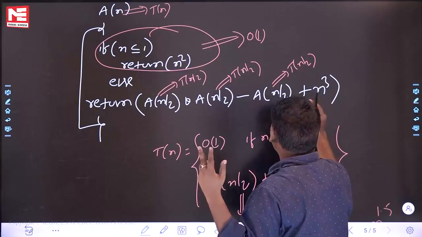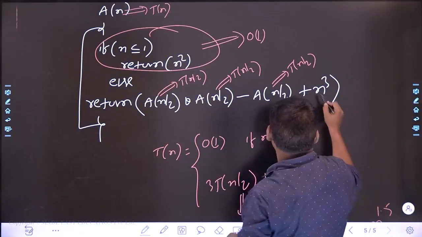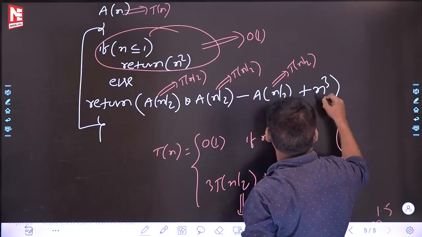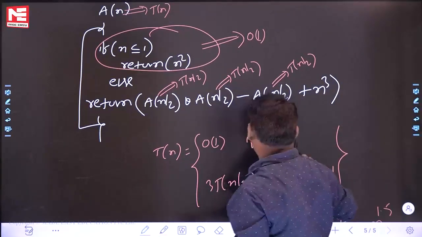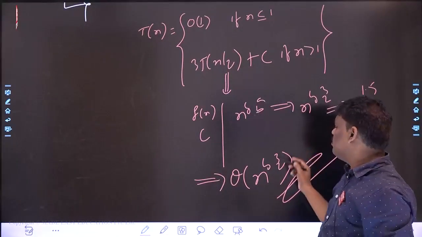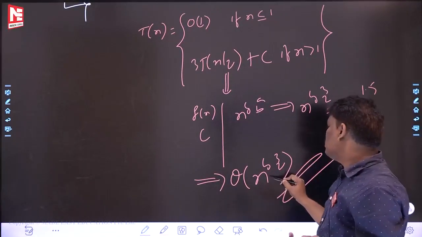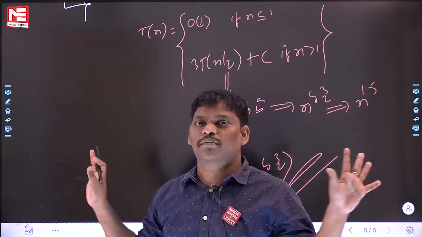But one thing, only loops will take time. No loop is there. If anyone said matrix multiplication, where is the code? Fine. Anyhow, no loop is there. Remaining is constant. So, if you solve this using master theorem or substitution method, the answer is n power log 3 base 2. This is the divide and conquer ending.